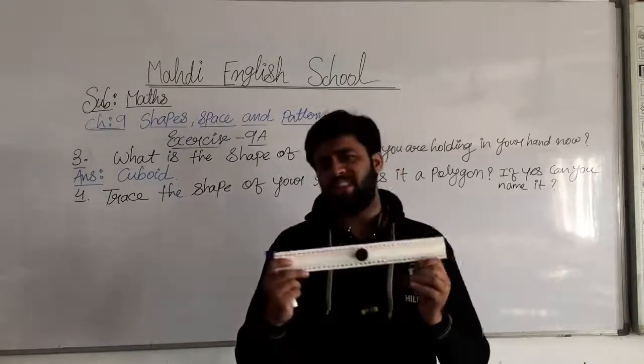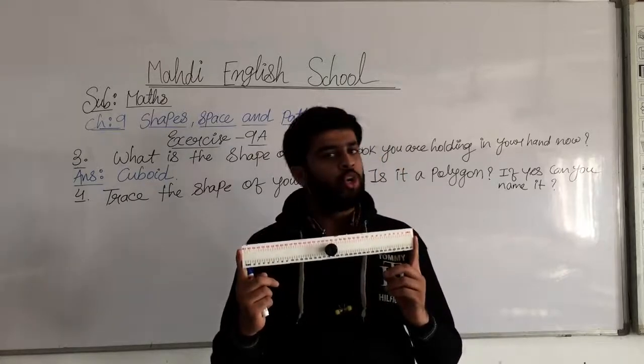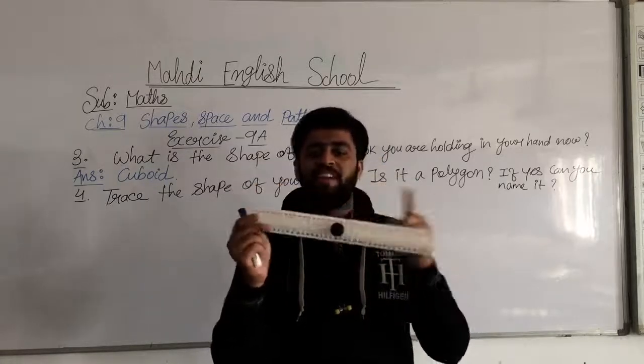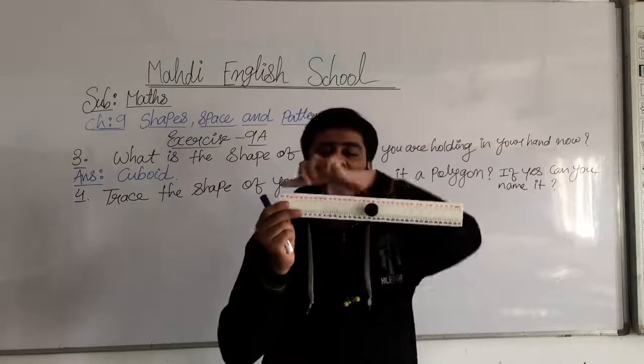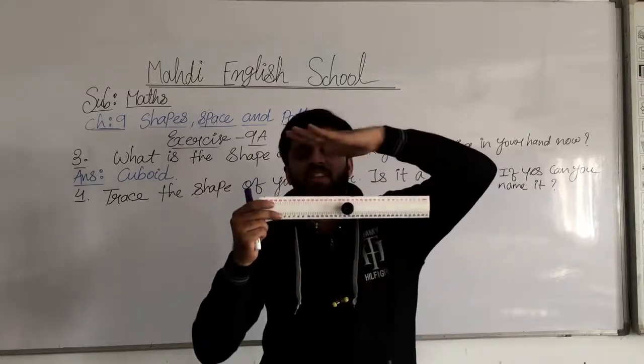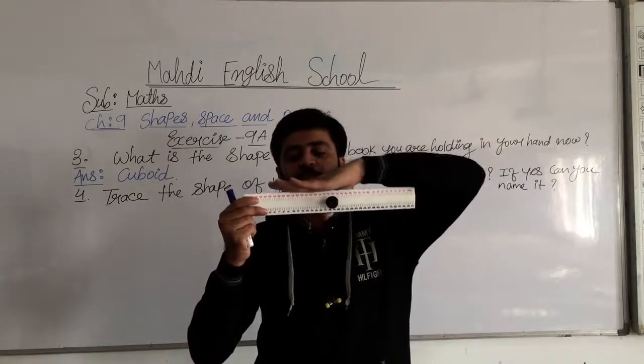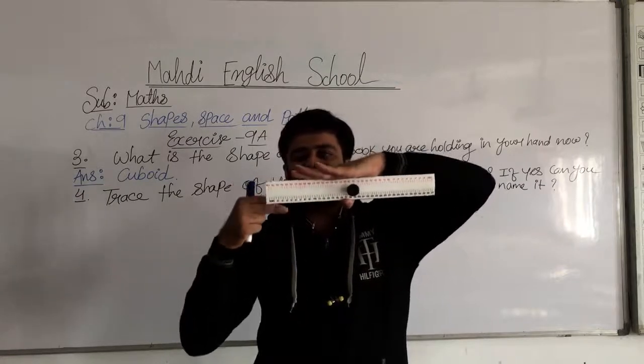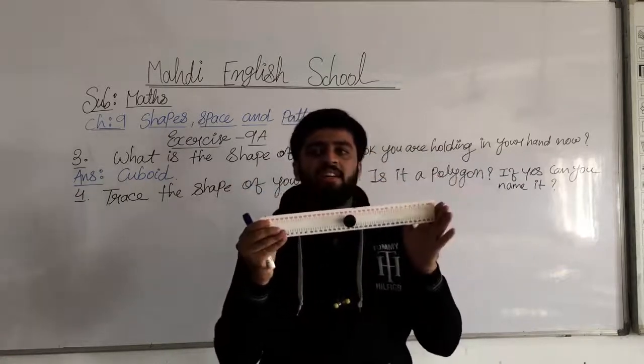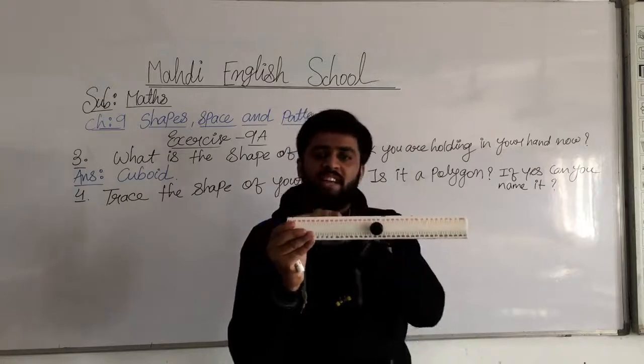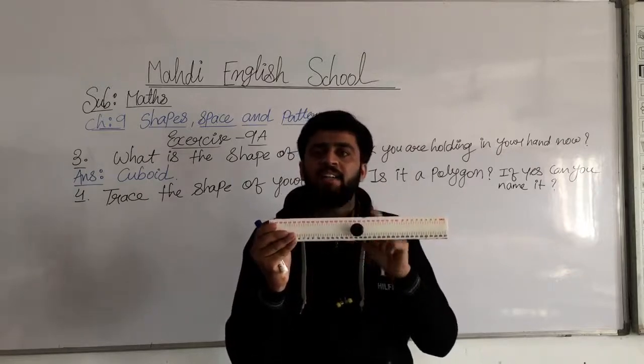Is it a square shape? No, it's not a square shape. It's a rectangular shape. See, these opposite sides are the same, and the up and down sides are the same.